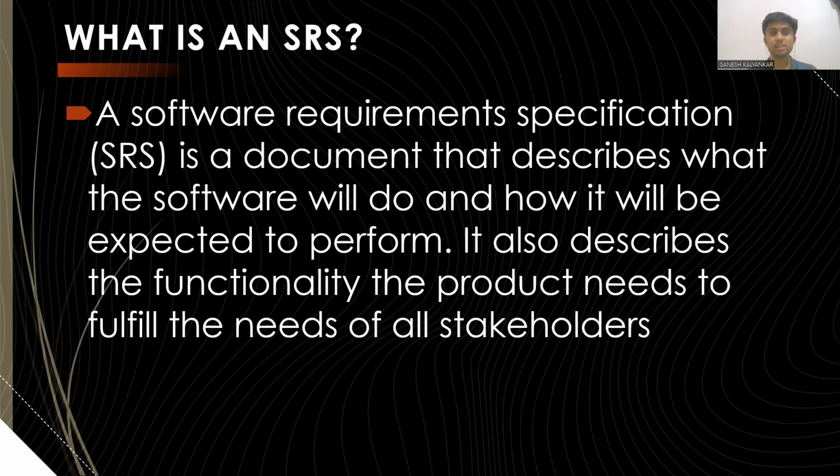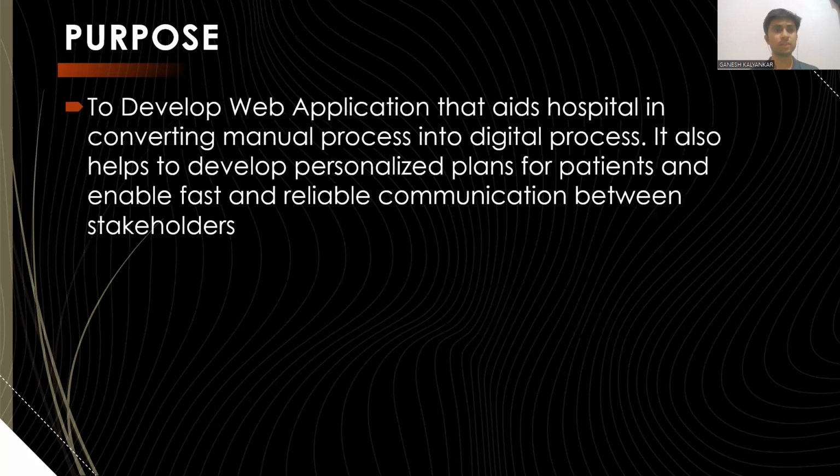It describes how the software is expected to perform. It also describes the functionality the product needs to fulfill and the needs of all stakeholders. SRS includes all types of requirements, like functional requirements and non-functional requirements. We talk about both of them in the next slides. Purpose: to develop a web application that aids hospitals in converting manual processes into digital processes.